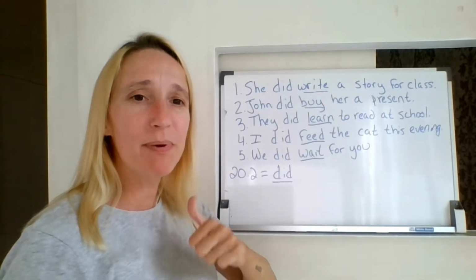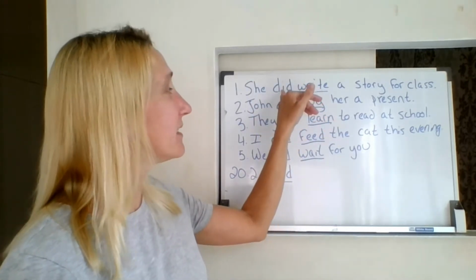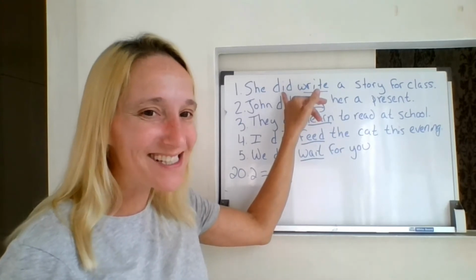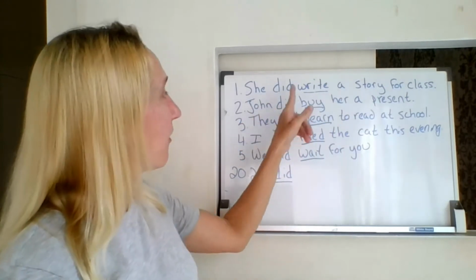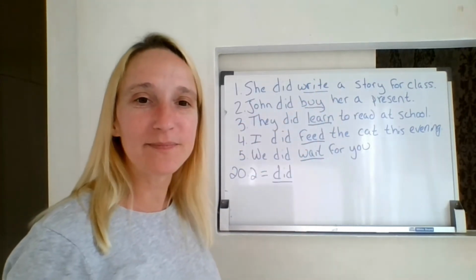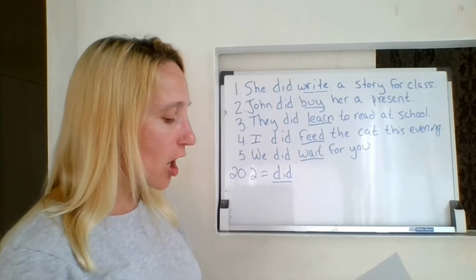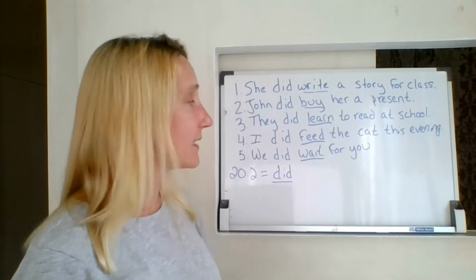So wrote is past tense, write is present tense, but since we put the emphasis, since we did emphasize the word, the whole sentence, then wrote turned into write. It turns into present. Number 2, John bought her a present.